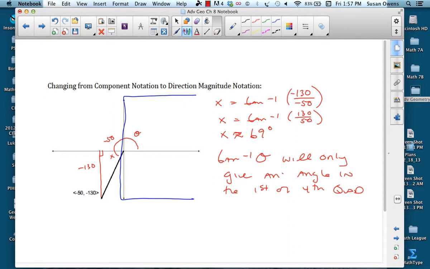When your calculator works its way backwards, it only gives you one of those answers, the one in the first or fourth quadrant. So here's what you have to do. If your angle is in the second or third quadrant, just add 180 to it, because the angles are in complete opposite directions from each other. They're 180 degrees apart.